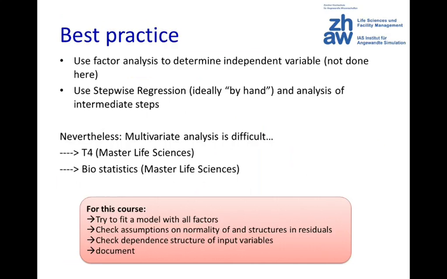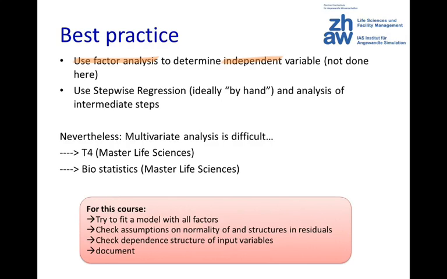So now what can you take with you concerning multivariate regression? Take with you that there is some kind of best practice around, but that you're not aware of how to use it, because there are methods involved that go a little further than this course would permit. The first method of best practice would be a factor analysis or principal component analysis to determine the independent variables.